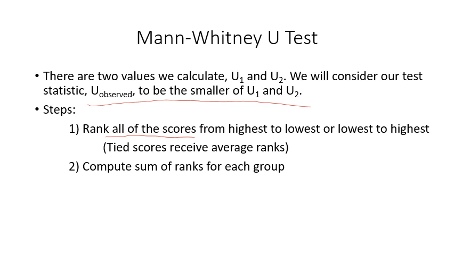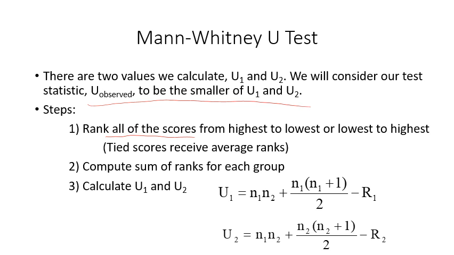Then, separately for each group, so in our example, husbands and wives, you compute the sum of the ranks of all individuals in that group. So you calculate a sum of husbands' ranks and a sum of wives' ranks, and then you calculate U1 and U2. U1 is N1 times N2 plus N1 times (N1 plus 1) divided by 2, minus the ranks for that group.